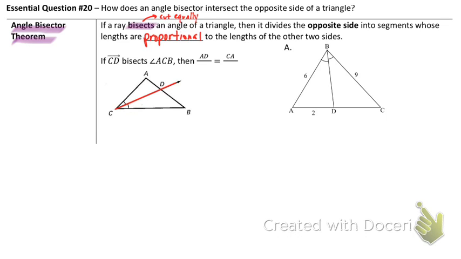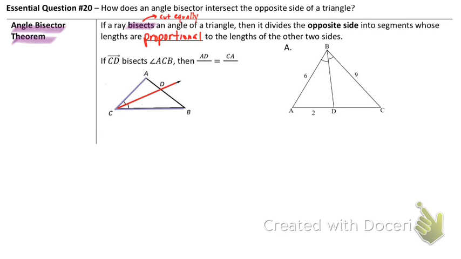So I'll highlight that angle in this light purple here. What it's saying is this ray is cutting this purple angle into two equal parts. Okay, so it's cutting it equally. So this angle C is now turned into two equal angles by this arc.